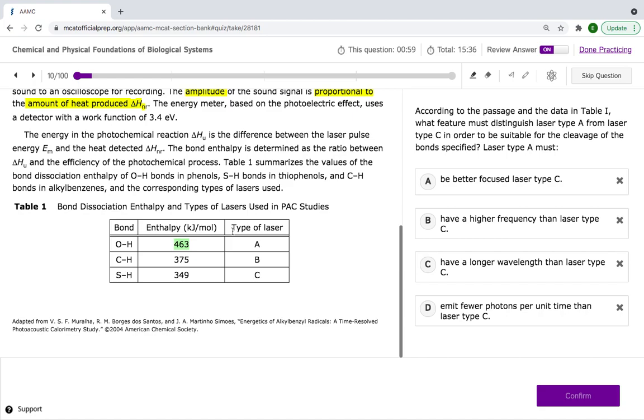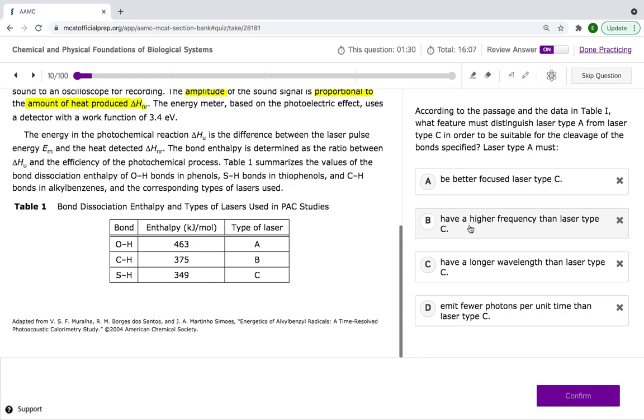So if we need more energy to break the bond, we need a stronger laser. So laser type A must be stronger than laser type C. Be better focused, laser type C. Okay. Have a higher frequency than laser type C.